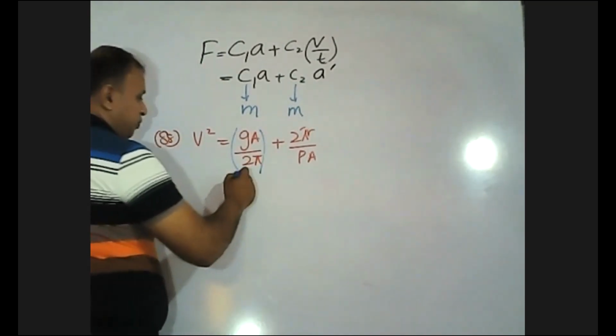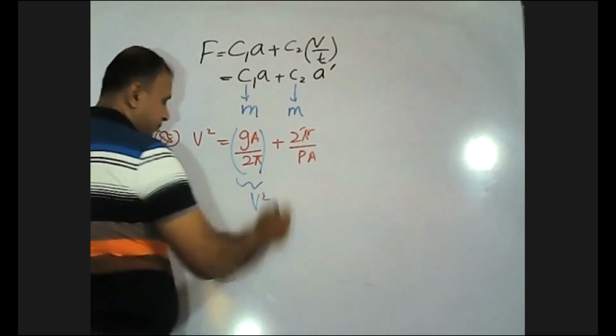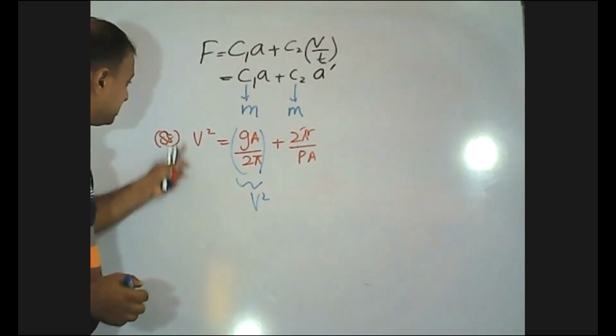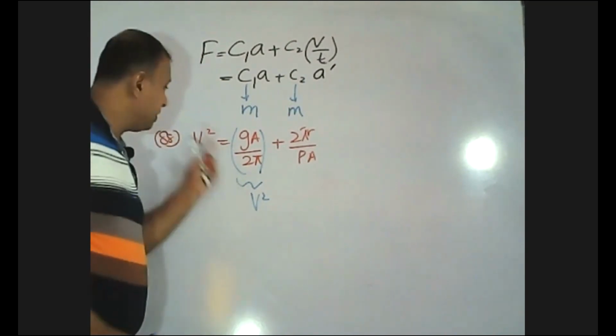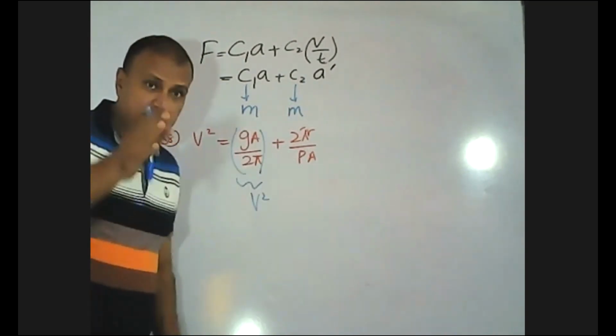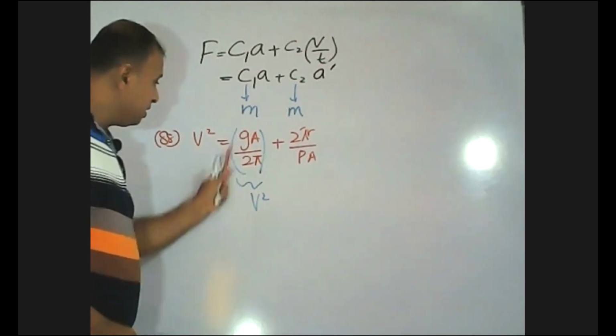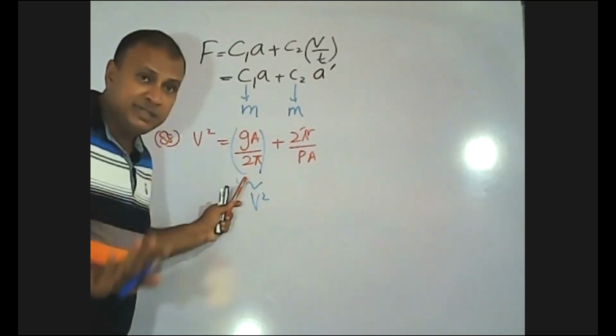The dimension of this part should be equal to V squared, because if it is an equation, all the terms should have the same dimension. 2 pi doesn't have dimension.